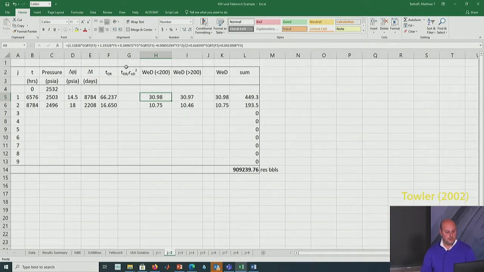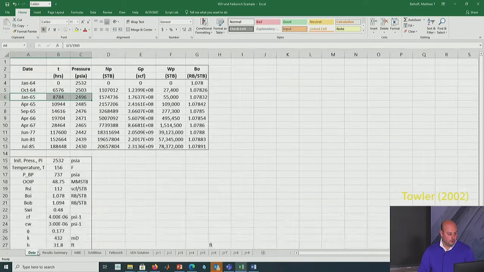So we take this WED, which is right here, 39.8 and 10.75. We multiply it by the delta P, so we multiply this by 14.5. We multiply the 10.75 times 18, and we get these right over here, and we added those up, and we multiplied it by B40, which is the U term.